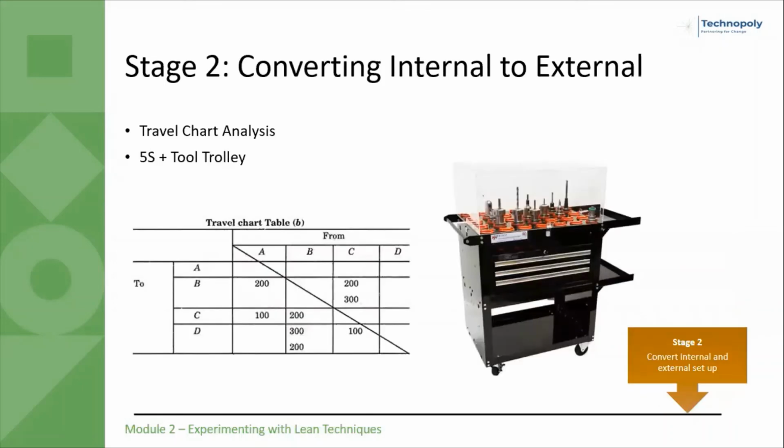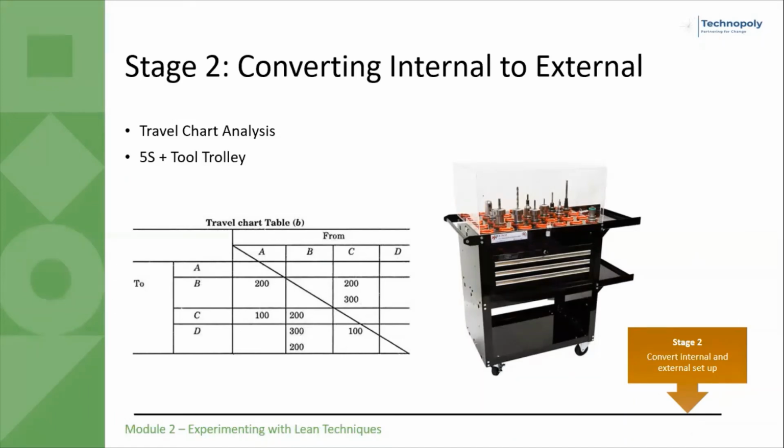In stage 2, to convert internal activities to external, they conducted a trouble chart analysis, which can potentially reduce the excessive movements they discovered. They also introduced 5S plus tool trolley for potential reduction of movements for picking individual equipment.